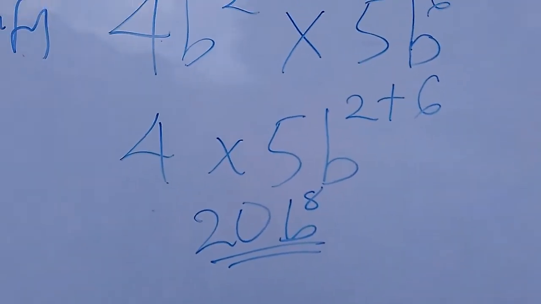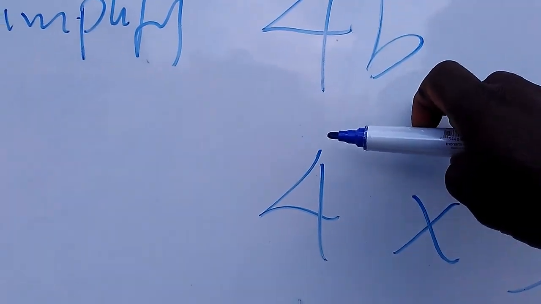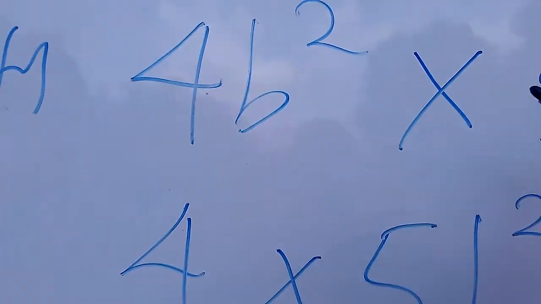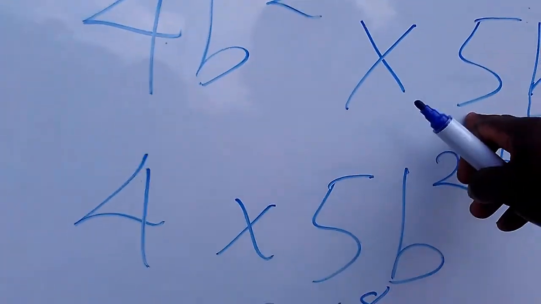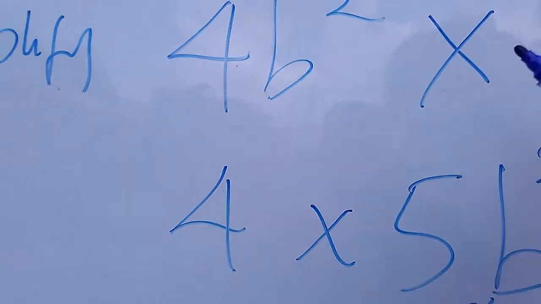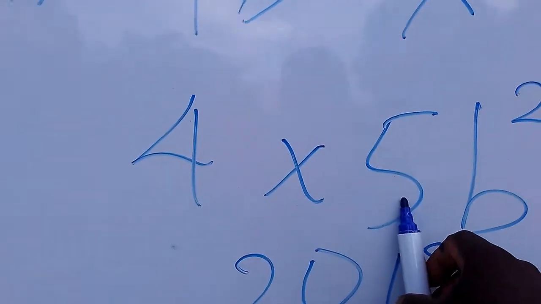As you can see, the coefficient of this particular variable b and the coefficient of the second variable b are 4 and 5 respectively. So in this case, we are multiplying them directly, that is 4 times 5.